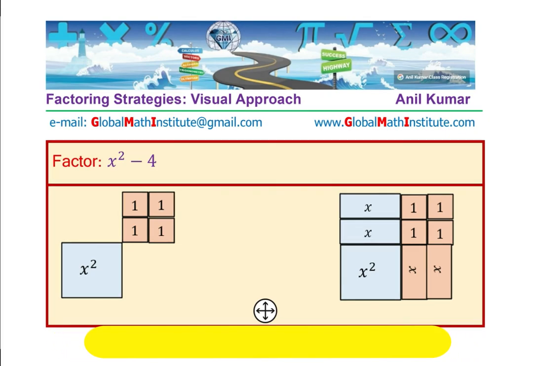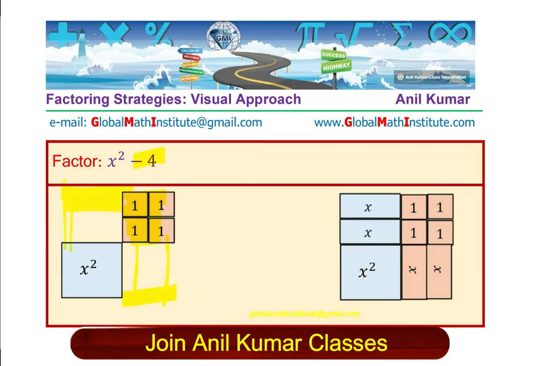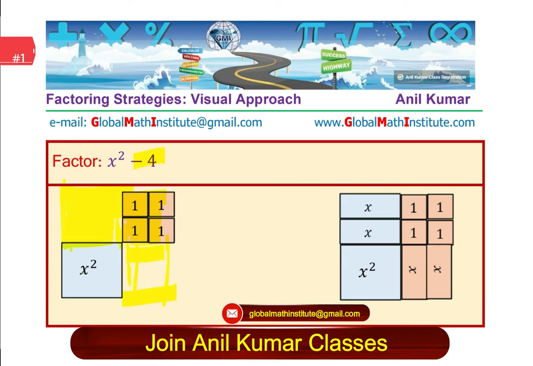So here is a neat and clean solution following the steps. In step number 1, we placed minus 4 diagonally to x squared. Do you see that? And in step number 2, we completed, right? So we completed, forming a rectangle.